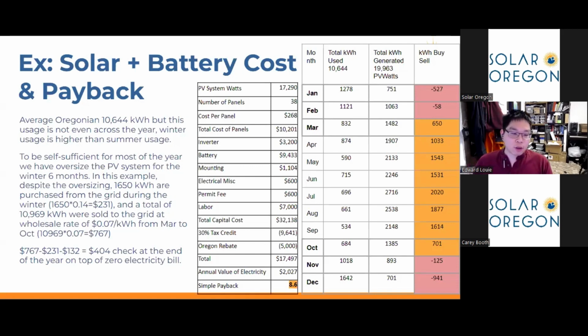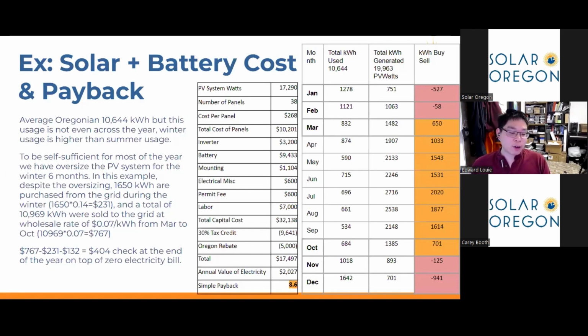So we have to buy a few kilowatt hours that will end up costing $231. And then the $132 is all those monthly basic charges. If you subtract out all those costs, you still end up with a $400 check in your mail at the end of this scenario year with signing up this system as a qualifying facility.